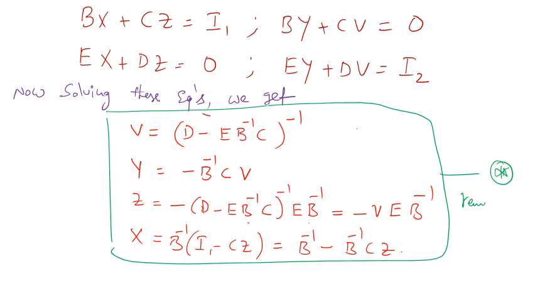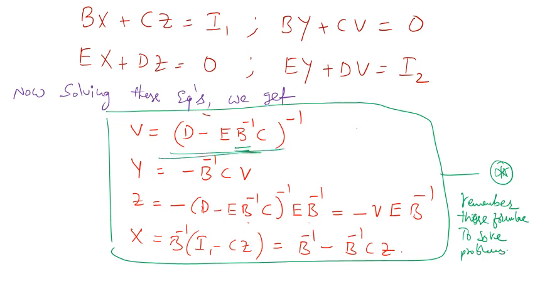Remember these formulae to solve problems. And what is required here? After getting A, B, C, D, E, X, Y, Z, B inverse is required, right? And one more is required.